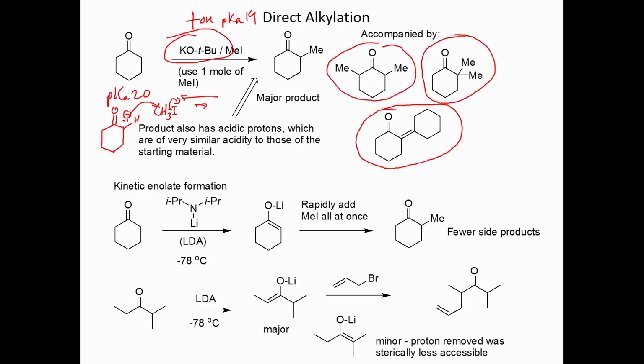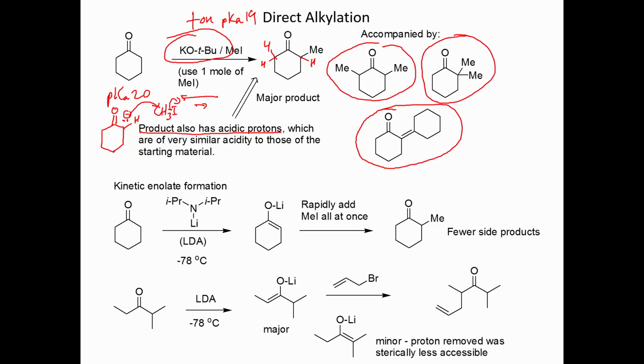The reason we have the over-alkylation is because we still have a lot of protons that could be removed in our product. And there really isn't that much difference in the acidity of the compound I've deemed the major product there and the starting material.